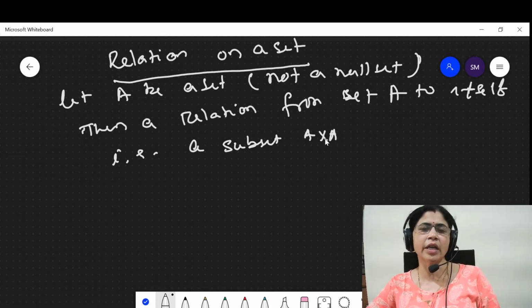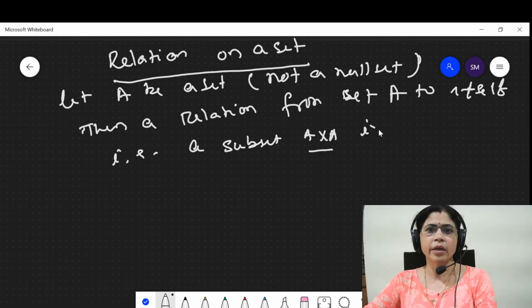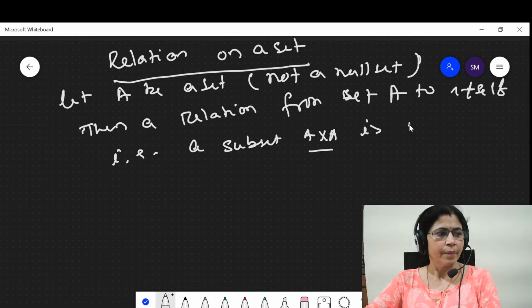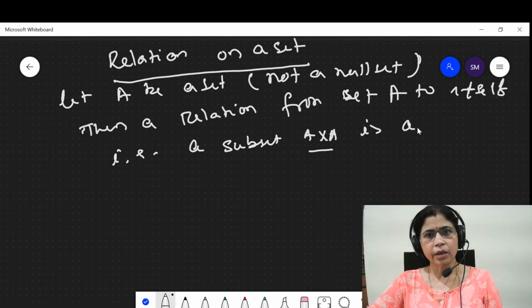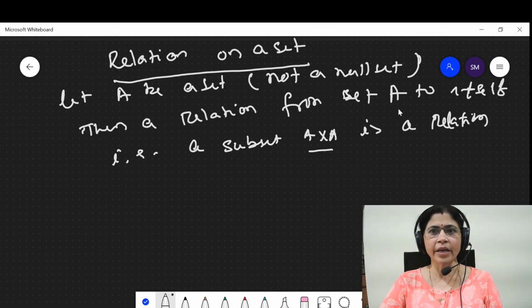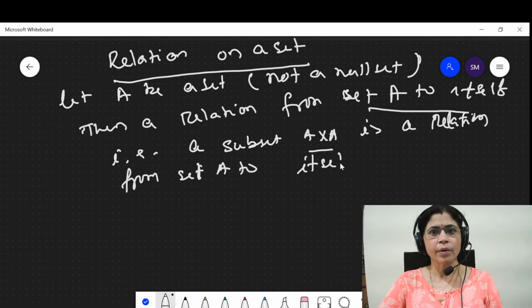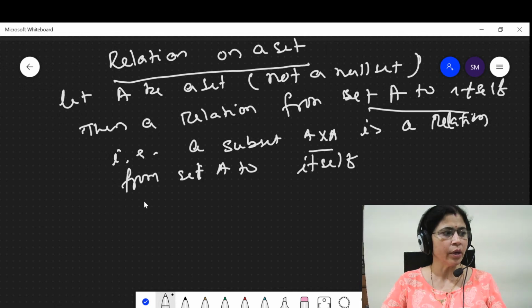Means a subset of A cross A is a relation from set A to itself.